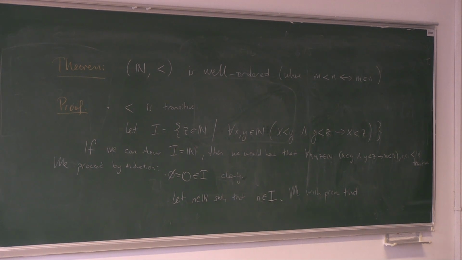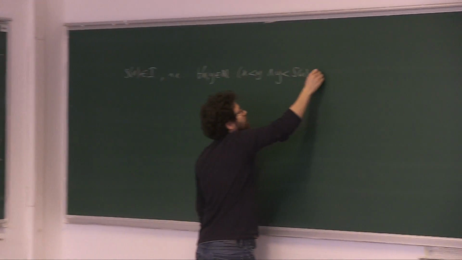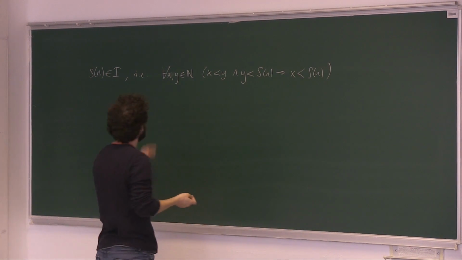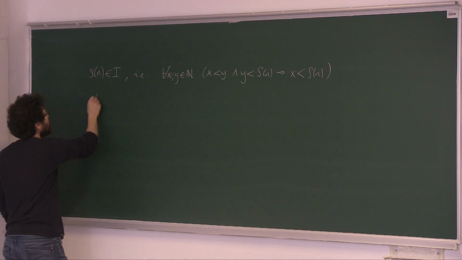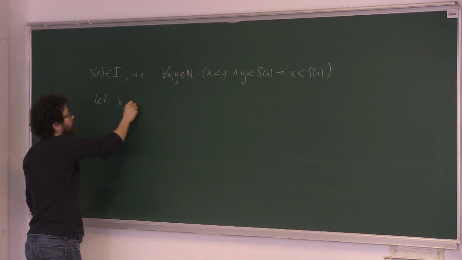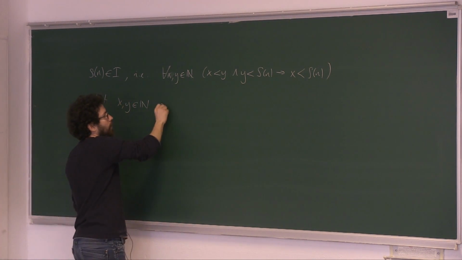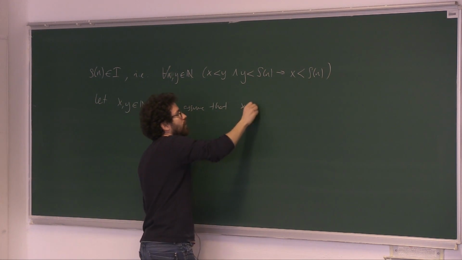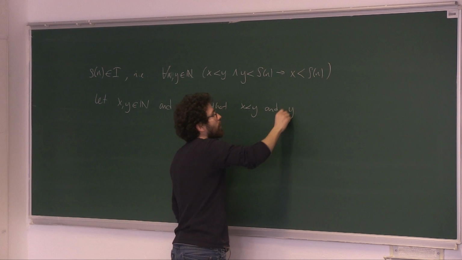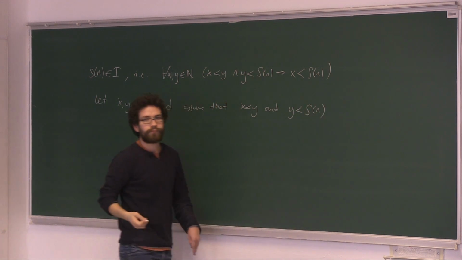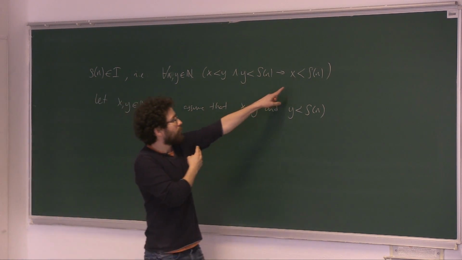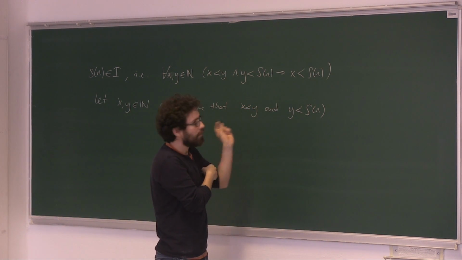For all natural numbers x, y, if x is strictly less than y and y is strictly less than S of n, then x is strictly less than S of n. Okay, so we want to prove this statement. So let x, y be natural numbers and assume that x is strictly less than y and y is strictly less than S of n. So assume this. We want to prove this. Okay, how is that going to happen?